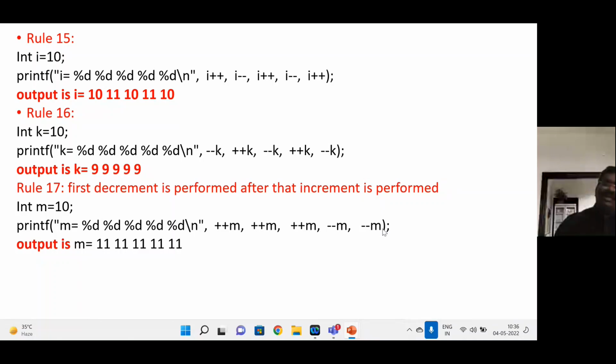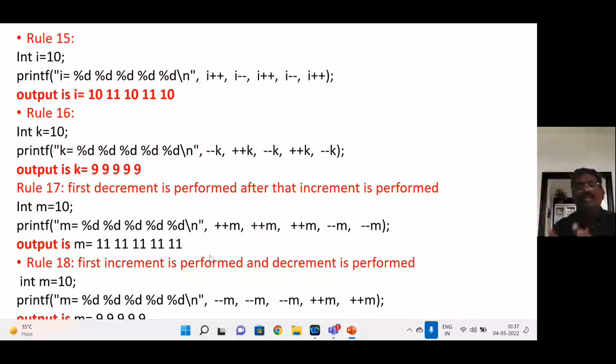In that case, the last one is the plus, so the pre-increment will be done first. Pre-increment of 2 gives 12. Then the decrement, 12 minus 3, is equal to 9, and you are getting 999, 999. You see that the only difference is that we are changing the printing positions.